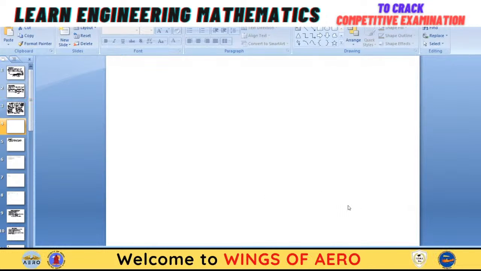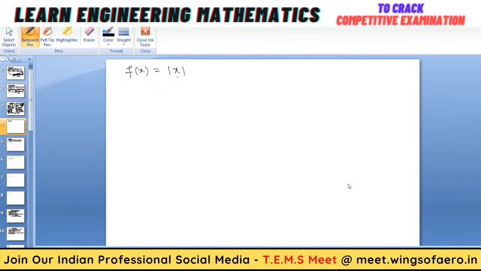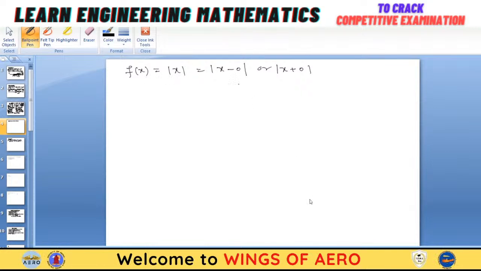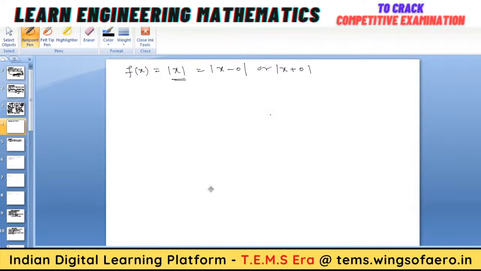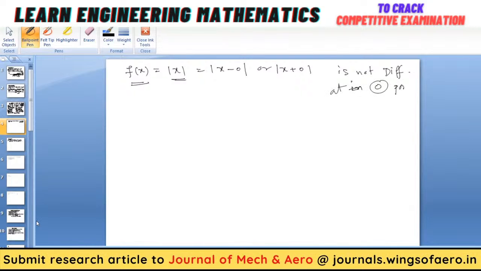If some function is given to you, suppose the mod function f of x is equal to mod x, you know it can be written as mod of x minus 0, or you can also write mod of x plus 0. Whether 0 is plus or minus doesn't matter. So this function f of x is not differentiable at the 0 point.